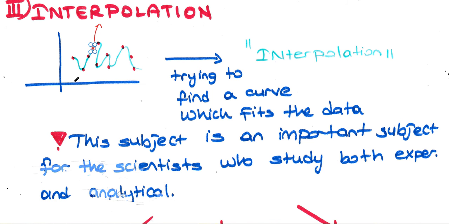I know my x point, and I know the x point for that value, but I don't know the corresponding y point. So our main job here is to estimate this value. I didn't measure it, so how can I find out this estimation?